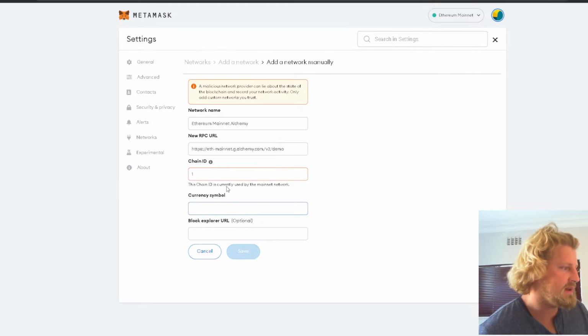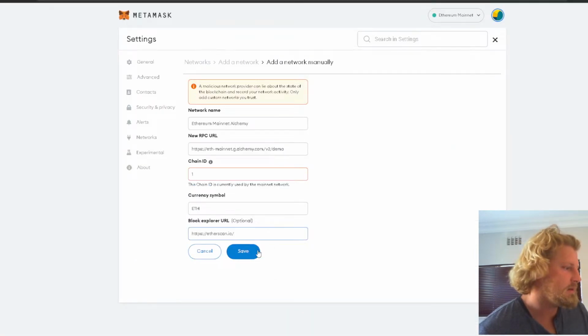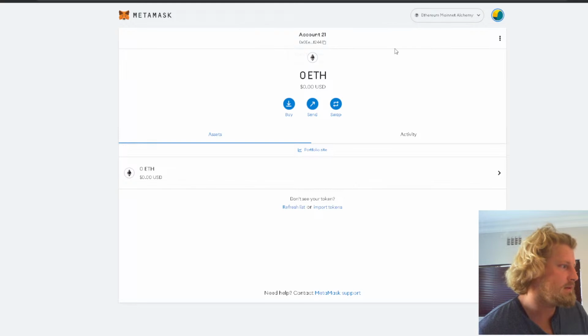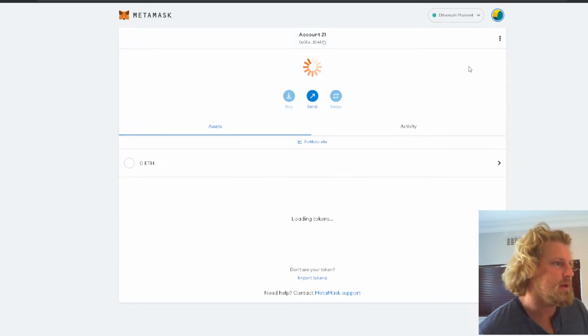You will see this chain ID is currently used by the mainnet network. That is right. The symbol is ETH, and we all know what the block explorer is. That is etherscan.io. Let me just pull it up for you. Etherscan.io, you'll just copy this address and we will paste it in there. And when you save it, there you go. You can see it's the Ethereum address, and as easy as that, you can see Ethereum mainnet Alchemy was successfully added.